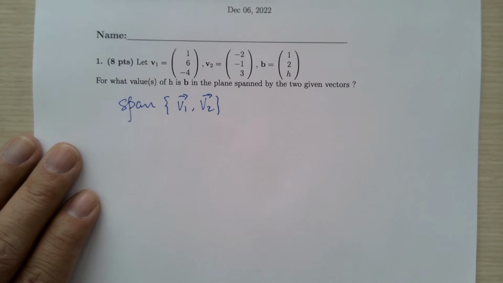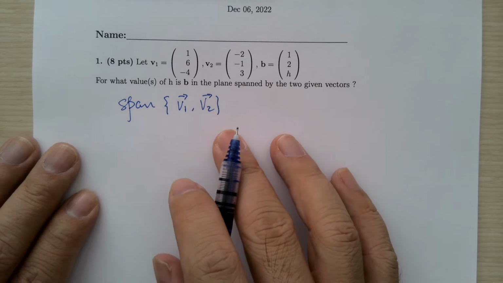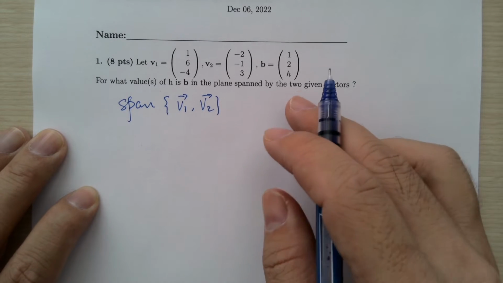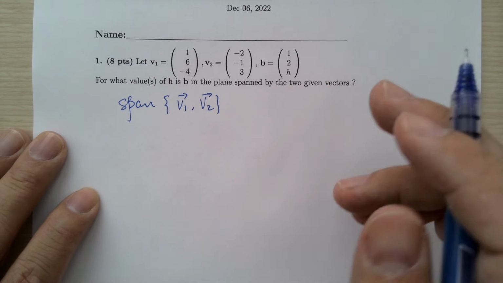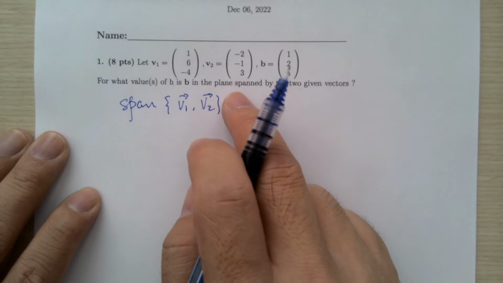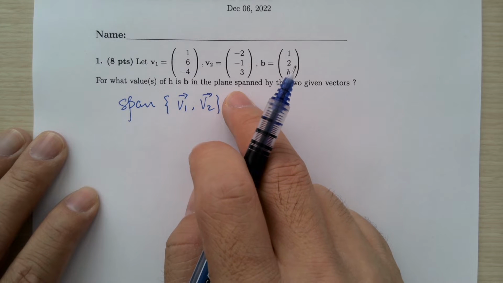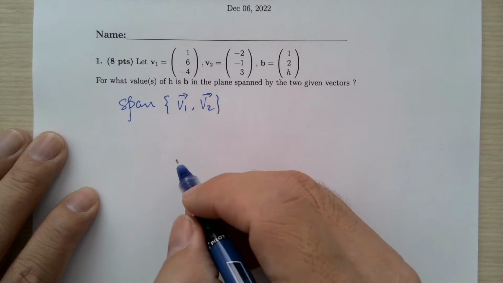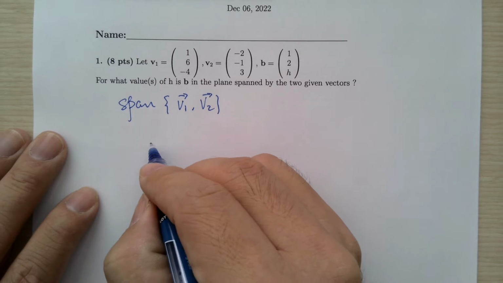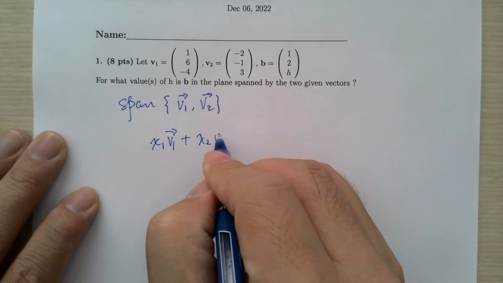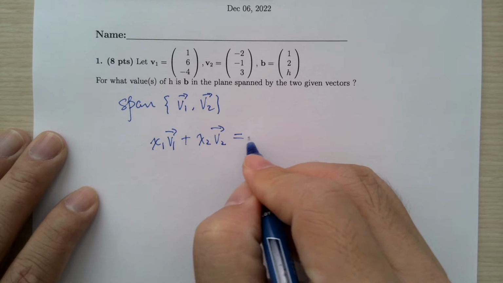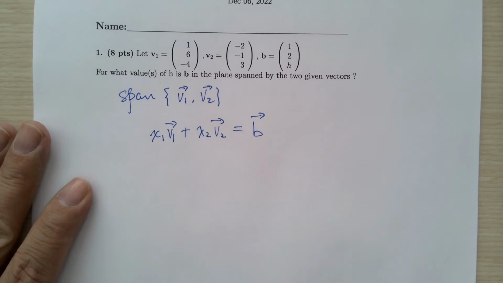So in other words, we're looking for whether it is possible that b can be represented as a linear combination of v1 and v2. Okay, so we are looking for x1 and x2 such that this equals b.